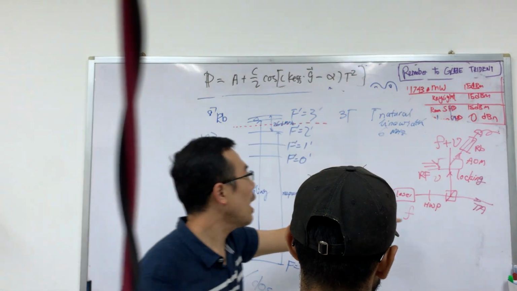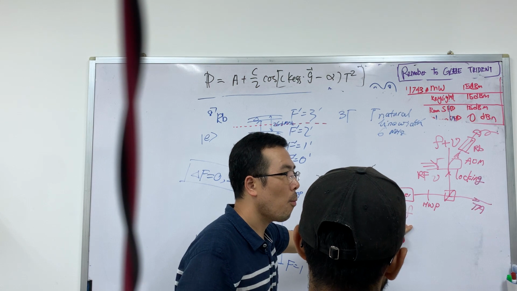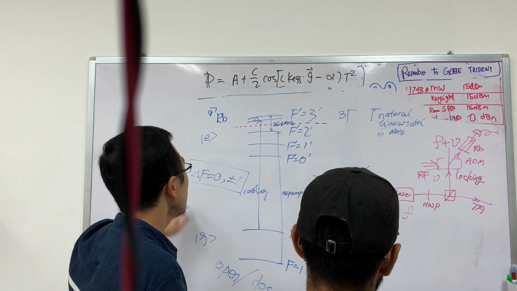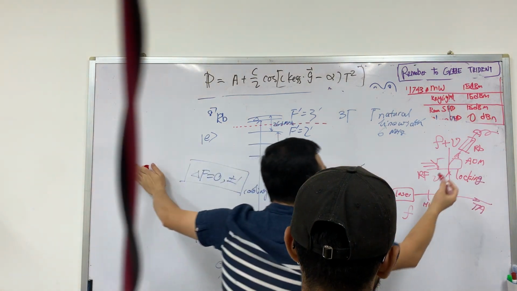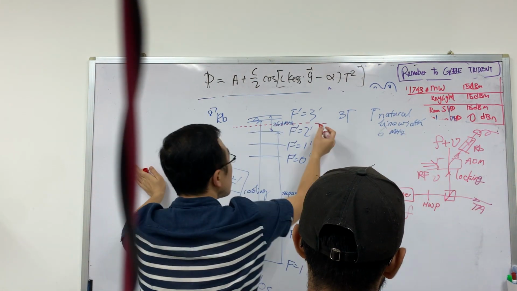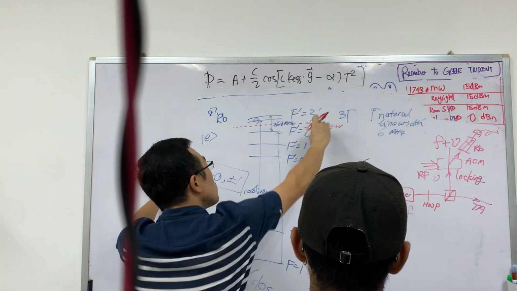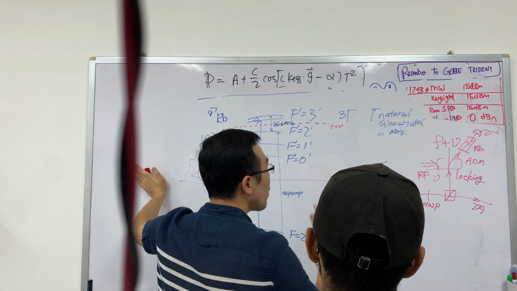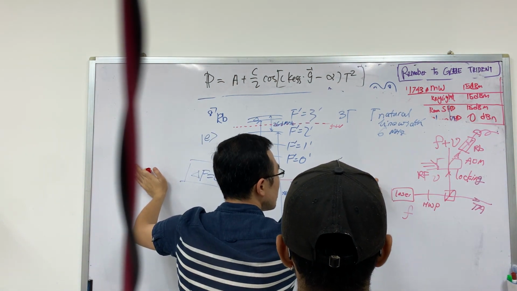That means F is lower. You lock your laser frequency to be here. That is F plus mu, which means your F is here, depending on how much you shift it. This is your F. This is your laser.